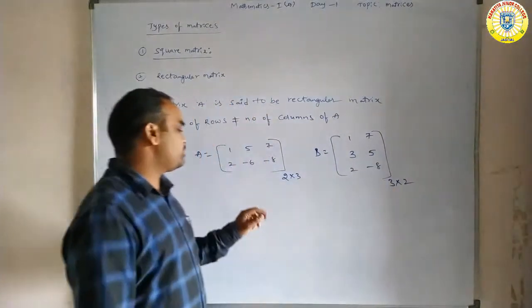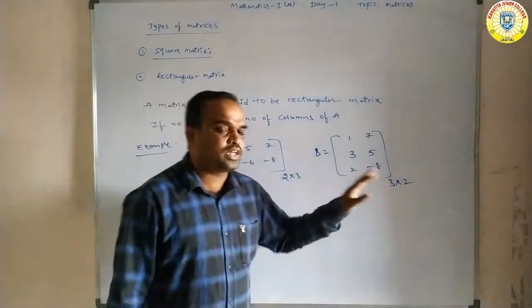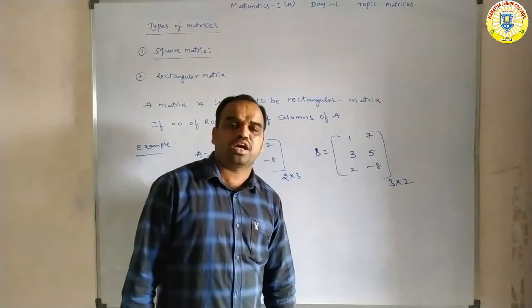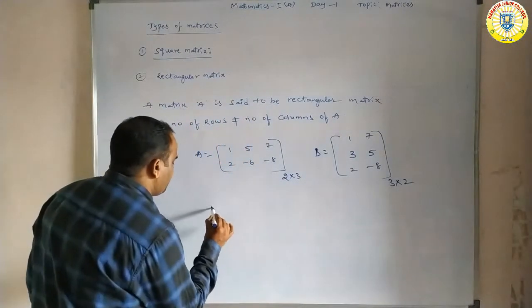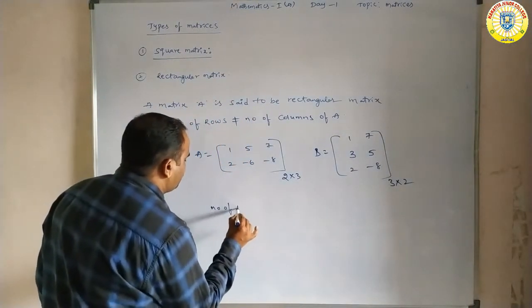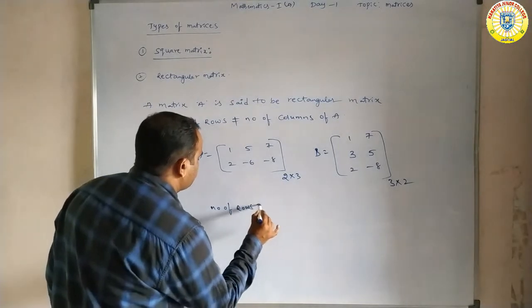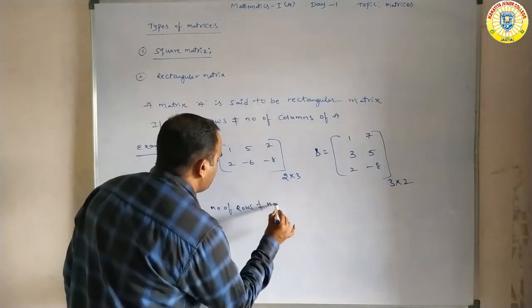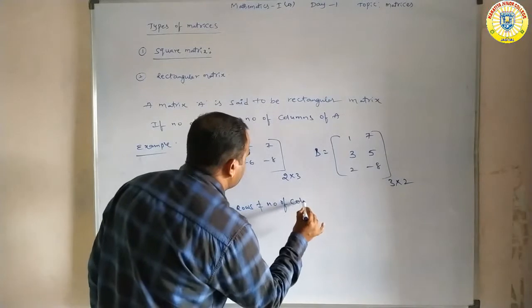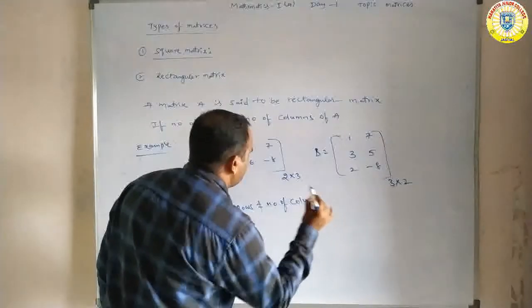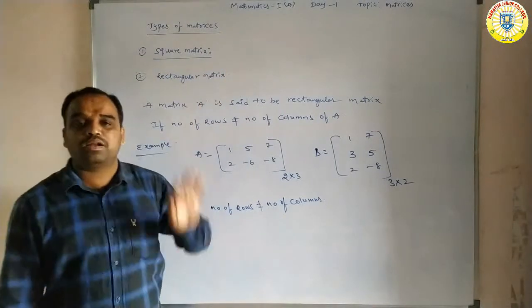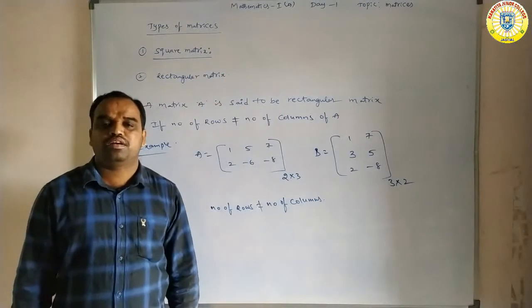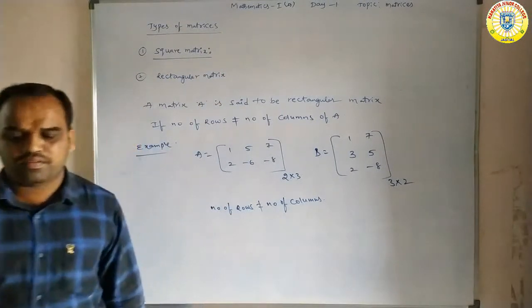Clearly in these 2 matrices, the number of rows is not equal to the number of columns. So this is called a rectangular matrix.